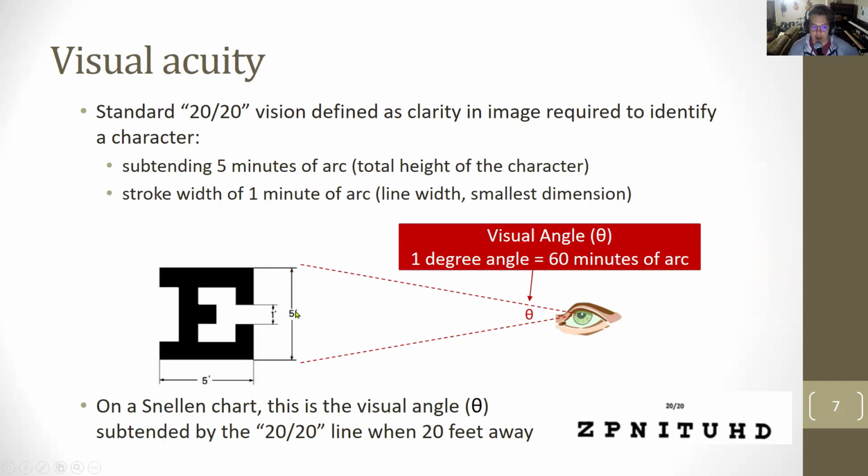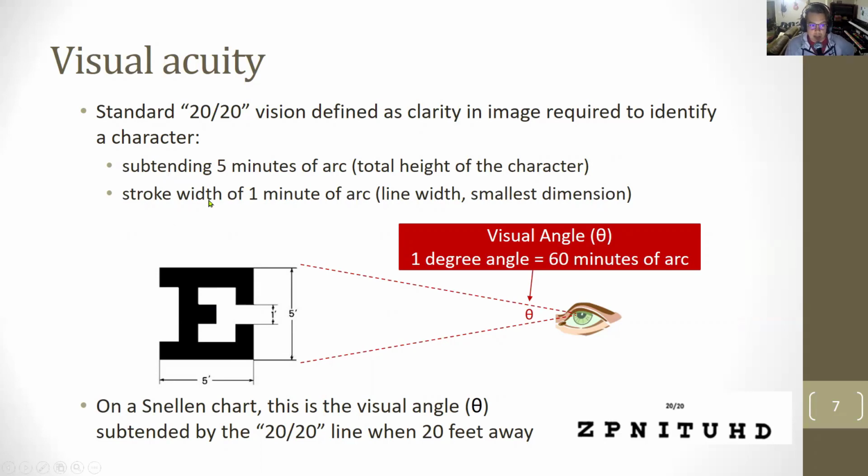This apostrophe here is what we use for minutes. The total height or the total width of the character, whatever the dimension is that you're subtending. If that is enough for you to see the object with enough resolution to know, okay, there's at least a box there, then that's one way to define 20/20.